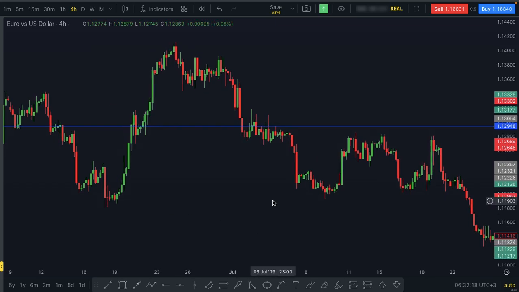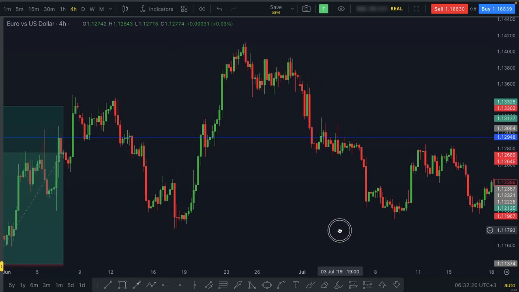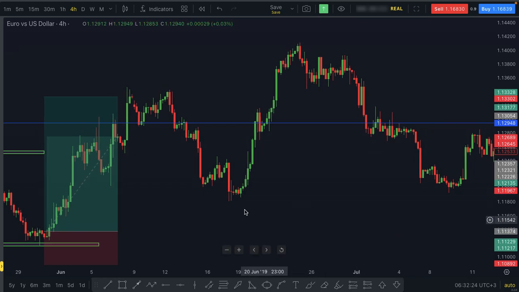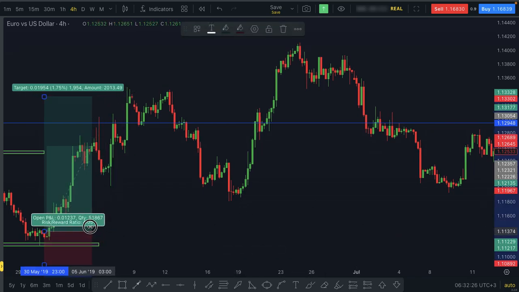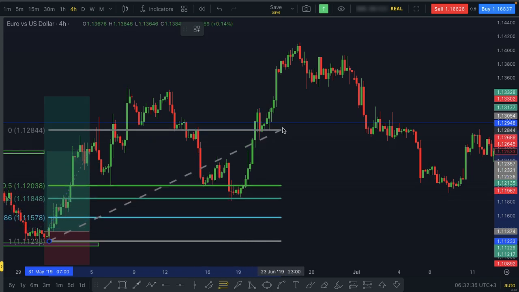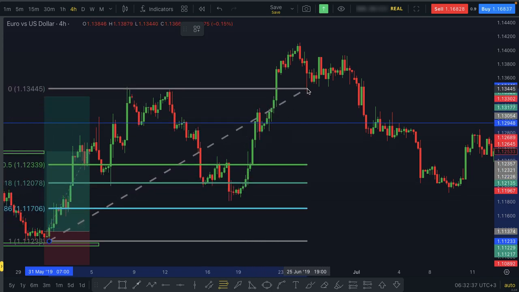Okay, so going to that, at this moment, since the market pushed to the upside, I'm going to be using my fib tool, and then I'm going to be plotting it around here, and then push it at the top around here.